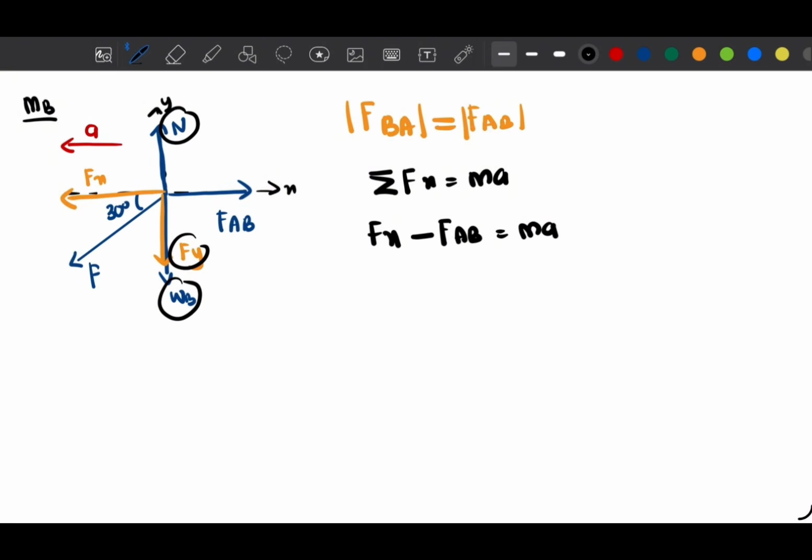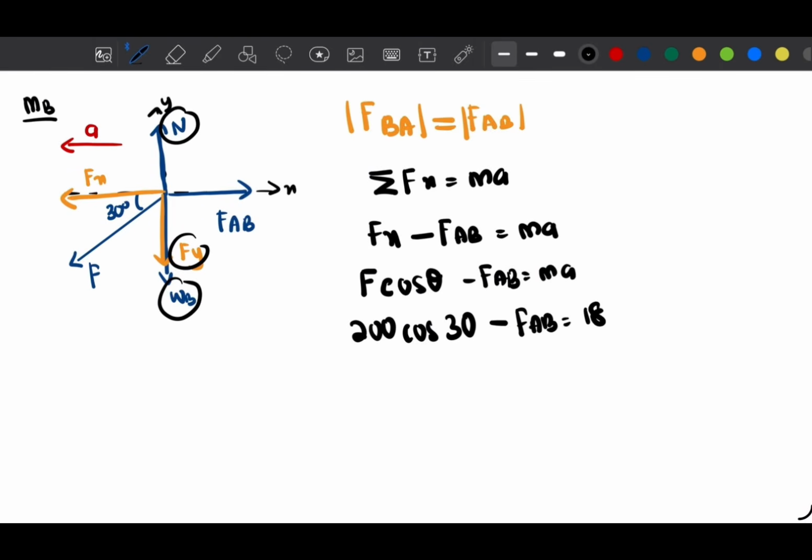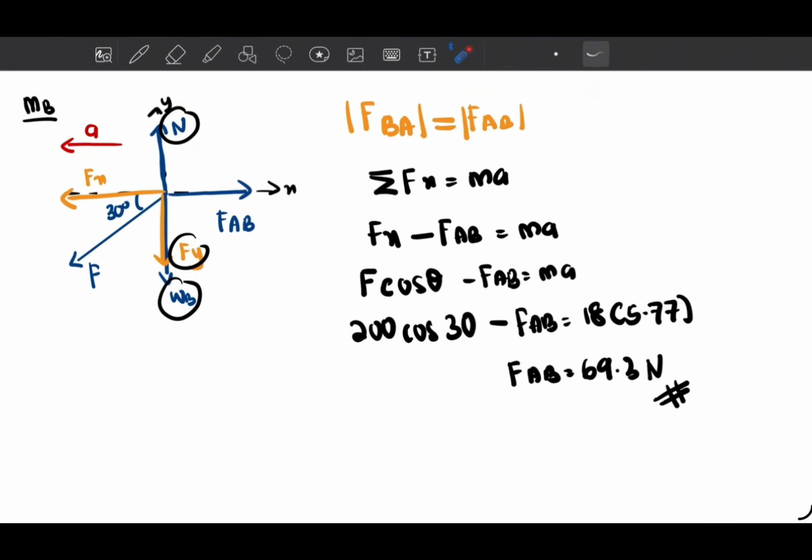We are looking for FAB, so F cos theta minus FAB equals MA. F is 200, theta is 30, minus FAB, which is what we are looking for, equals 18 multiplied by 5.77. If you press your calculator, you will end up with 69.3 Newton, the same answer, because they are action-reaction forces and have the same magnitude.